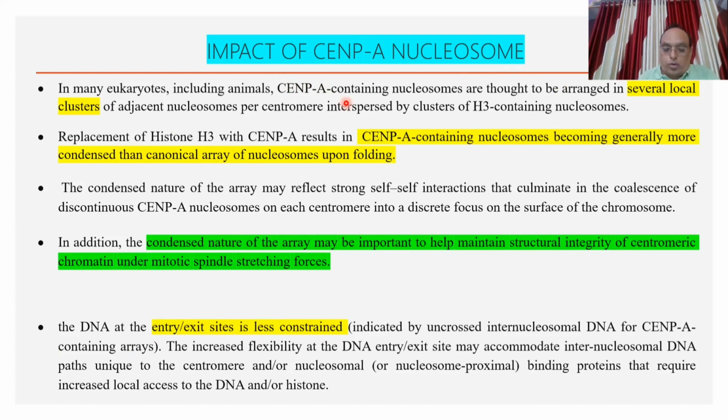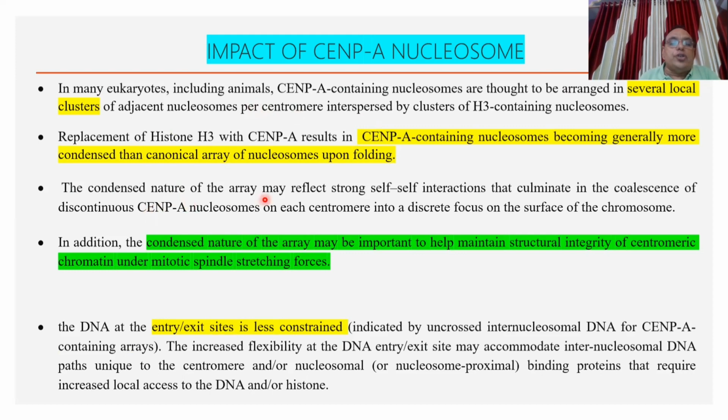It will lead to close arrangement of the nucleosomes, and adjacent nucleosomes per centromere intersect clusters of H3 containing nucleosomes. So, compaction and cluster formation. The nucleosomes which have centromeric H3 attached to them will facilitate the compaction of the nucleosome as well as formation of close clusters, and this clustering will strengthen the centromeric DNA portion.